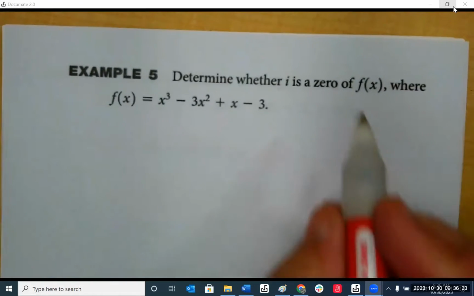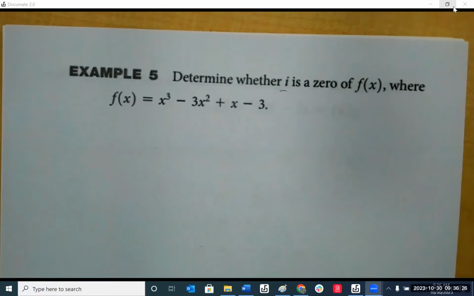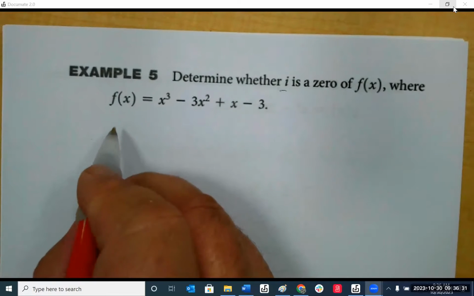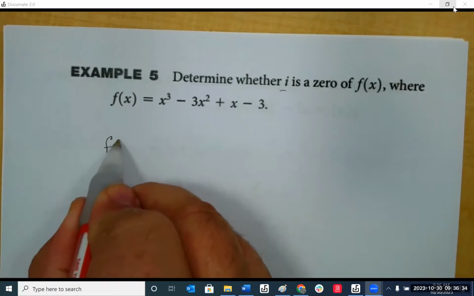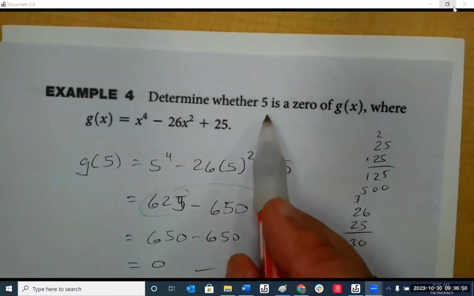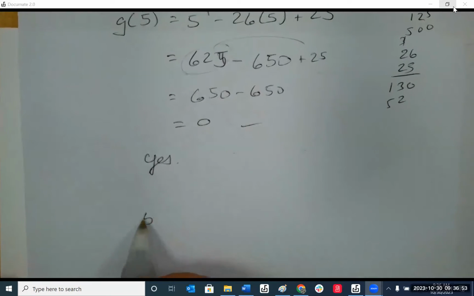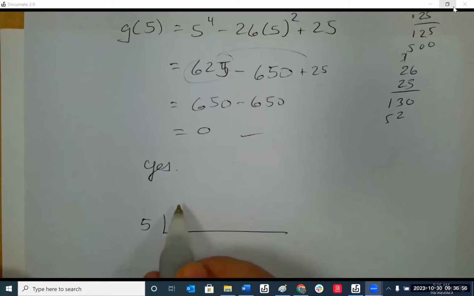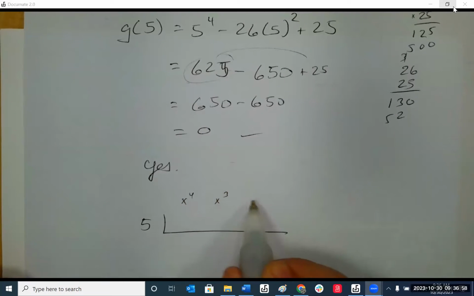Now, is i a zero? We can use synthetic division here. Actually, let's go back to this one here. Test whether 5 is a zero. We have x to the fourth, x to the third, x squared, x constant.